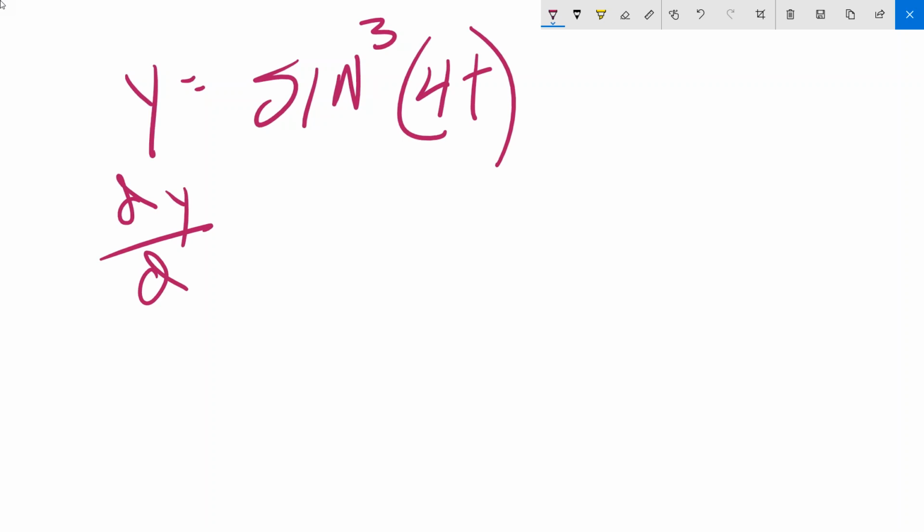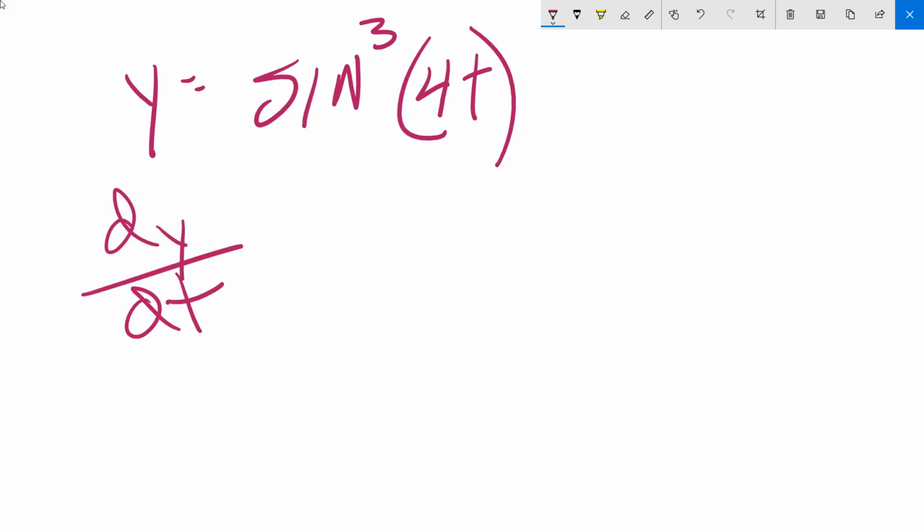But I can write it as just y prime with respect to t. In other words, I want to know what dy dt is. I want to take the derivative relative to t, not x, which is the same as writing y prime.